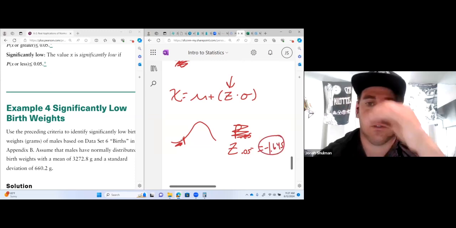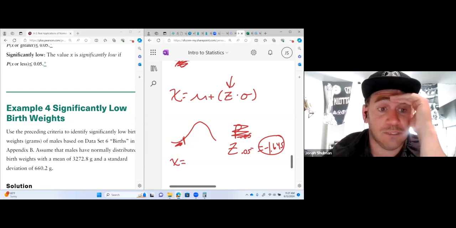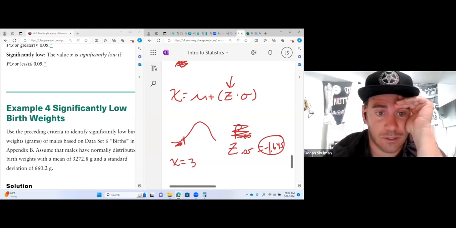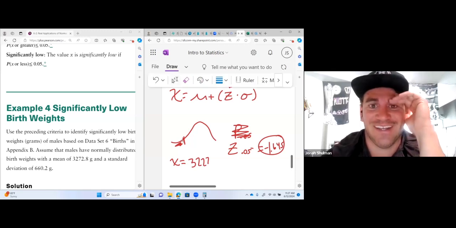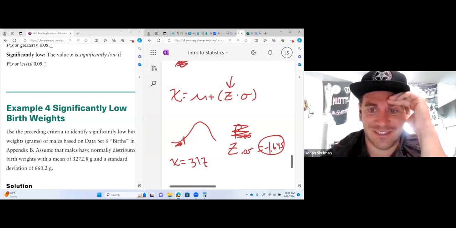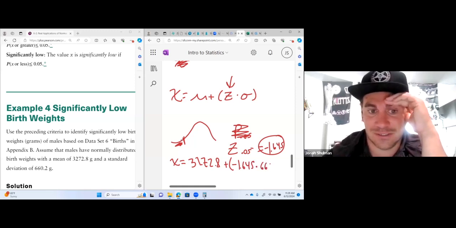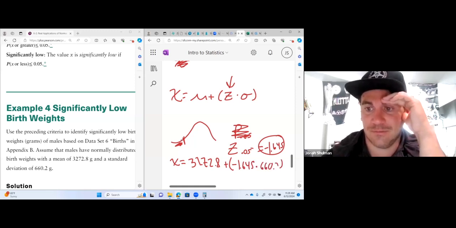That's what our Z-score is. We just want what that has to be. We know our mean is 3,272.8 grams plus a negative 1.645 times the standard deviation of 660.2.